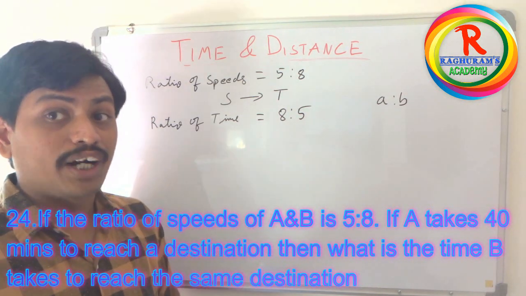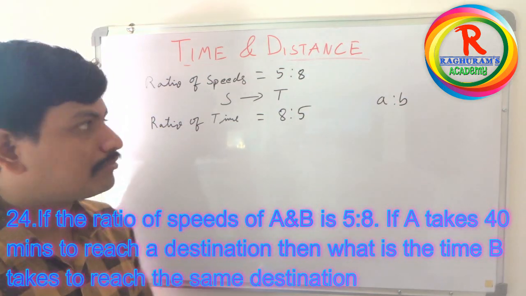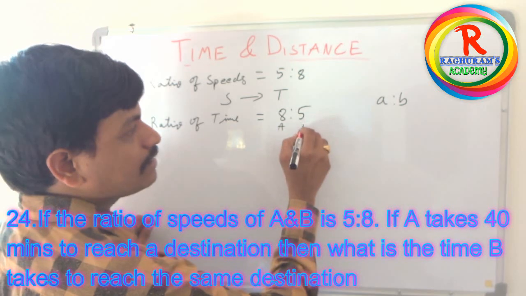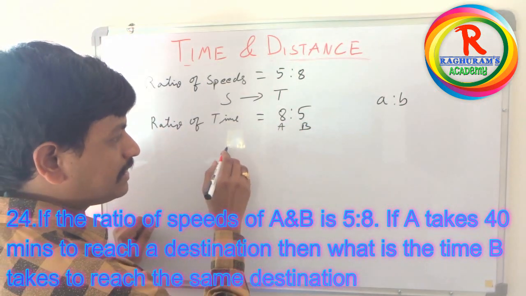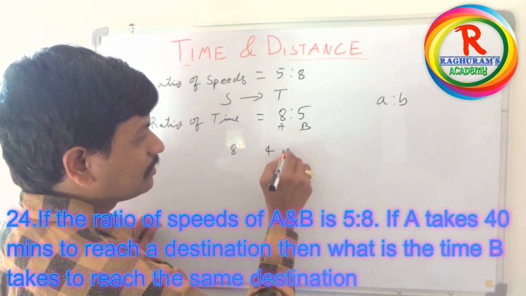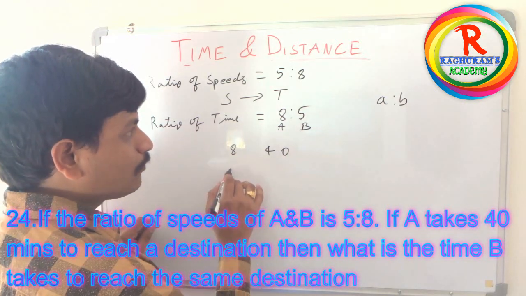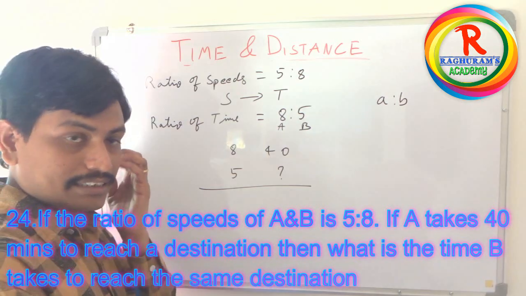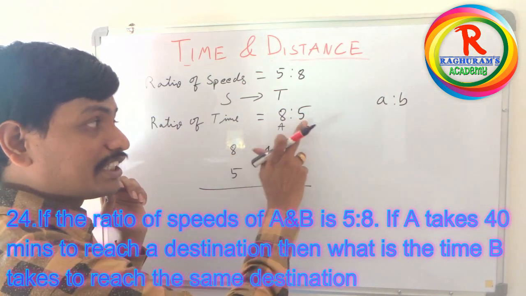Now we got the time ratio. So A takes 40 minutes to reach. Then what is B? This is A and this is B. A takes 40 minutes. That means if 8 is 40 minutes, then what is 5? Simply we can solve this problem like this. So the ratio of time is 8:5.